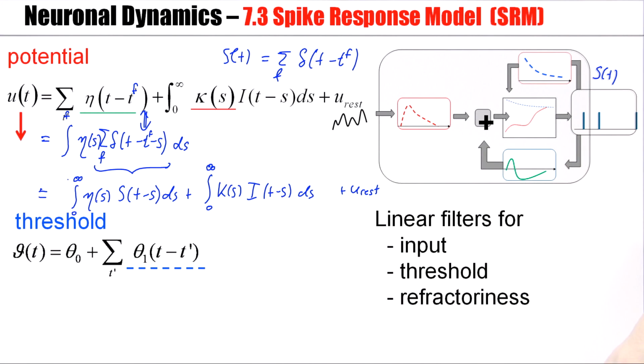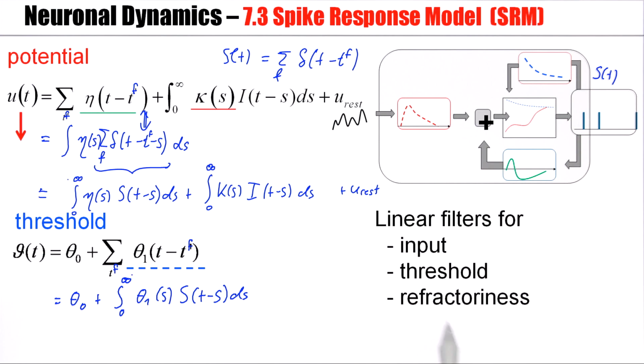And this is then combined with the threshold equation, which has this form here. Again, it's a sum over all firing times. And analogously to the argument I made here, I can write this as theta 0 plus integral theta 1 of s, spike train of the neuron in the past, and I integrate over the past.